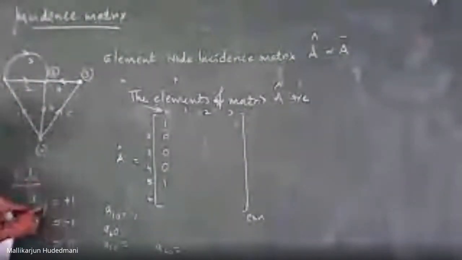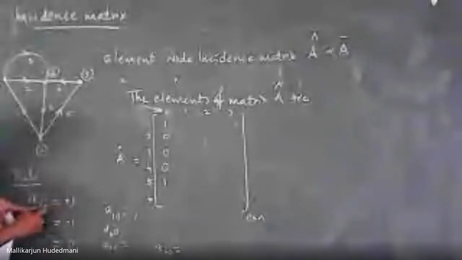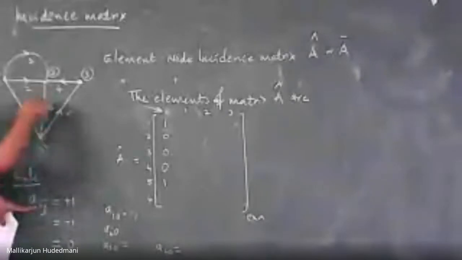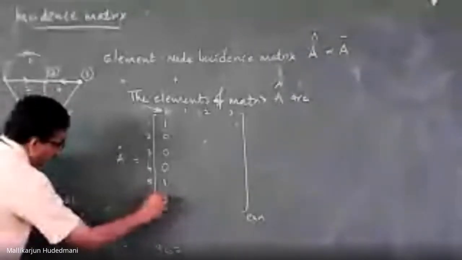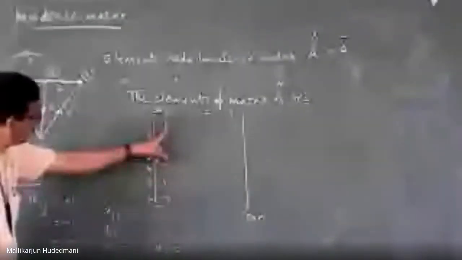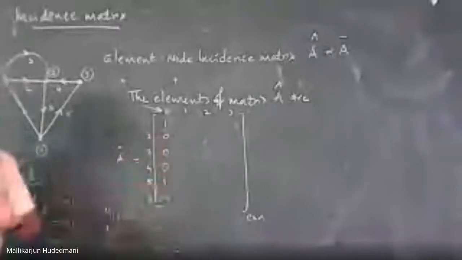This is the rule. If the ith element is not incident to j, 0. If the ith element is incident to j, oriented away means plus, oriented towards means minus. Now I can say 6 is towards this 0, so this becomes minus. This is the entry. So look into this. Outgoing, incoming. Whenever there is 0, not at all connected.